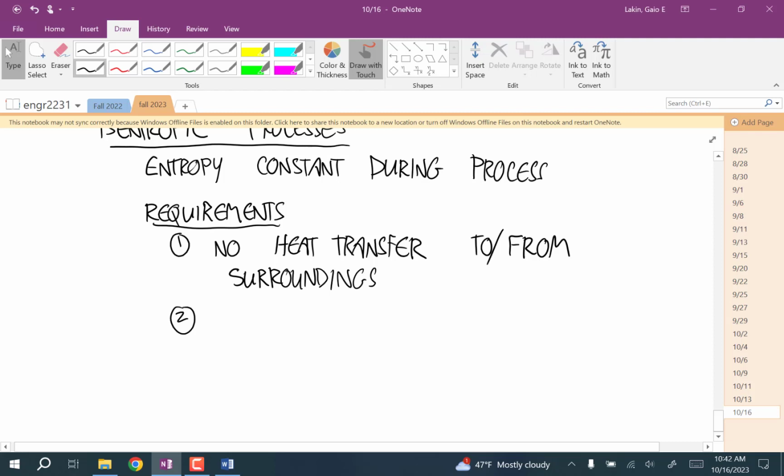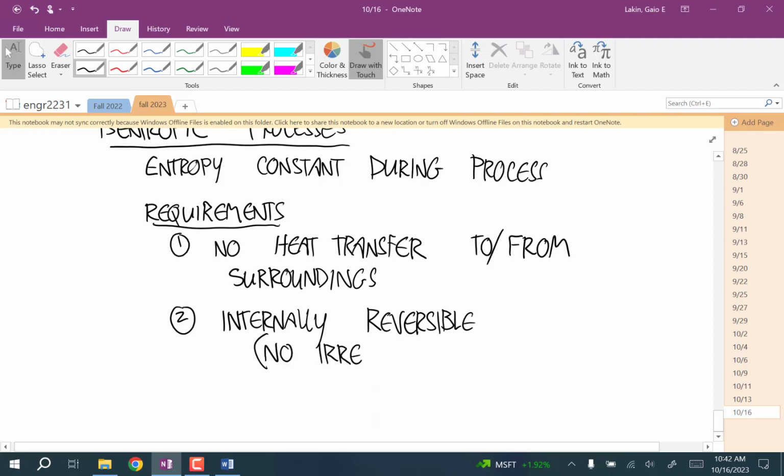And second, whatever happens inside the system, there are no irreversibilities. So it's internally reversible. So that means no irreversibilities inside the system.